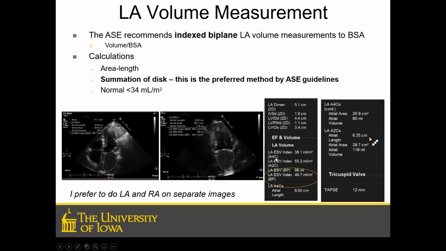If, for example, they're able to get the 4-chamber, but the 2-chamber they can't get because of technically difficult exam, then you're only going to have the 4-chamber. The way the biplane is calculated is simply averaging the 4 and the 2 together.